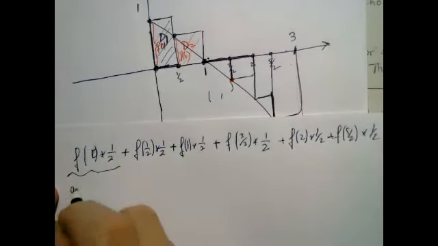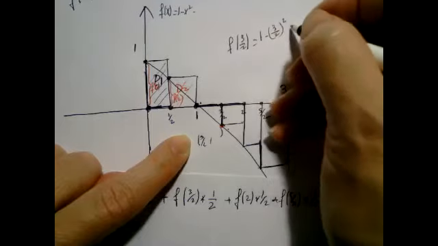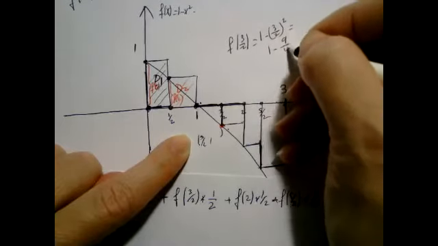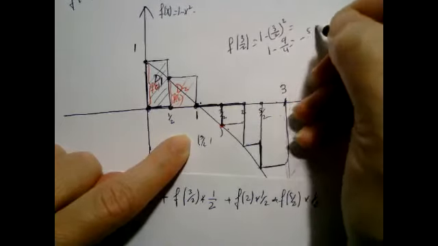Okay, so f at 3/2 is negative because f of 3/2 is 1 minus 3/2 squared. So it means 1 minus 9/4. It means minus 5/4. So this value here is minus 5/4. So when I take f at 3/2, it means minus 5/4. And I multiply it by delta x.